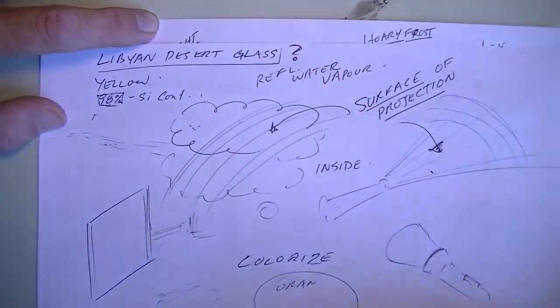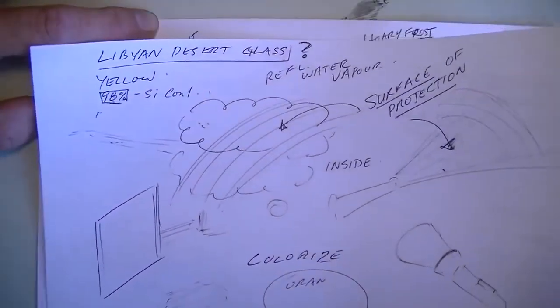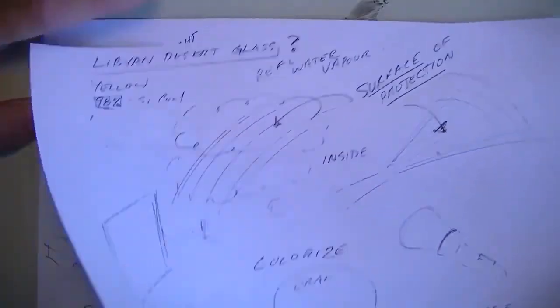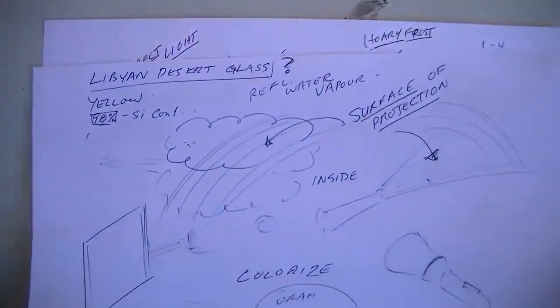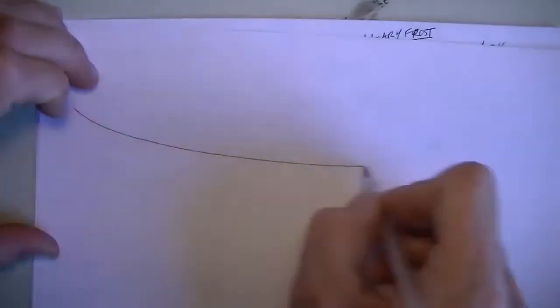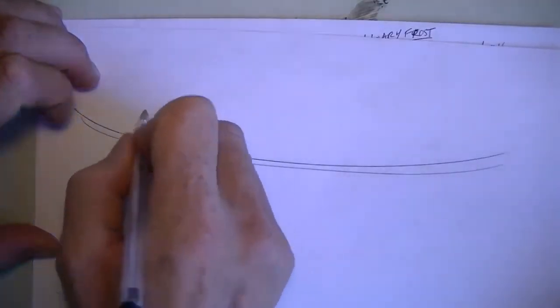Well, because they don't understand that there's a layer of glass in the sky, 62 miles high. And probably what happened was very simple. It's a very simple explanation. A meteor probably came crashing through the glass sky again. Here's Earth, here's the glass sky.